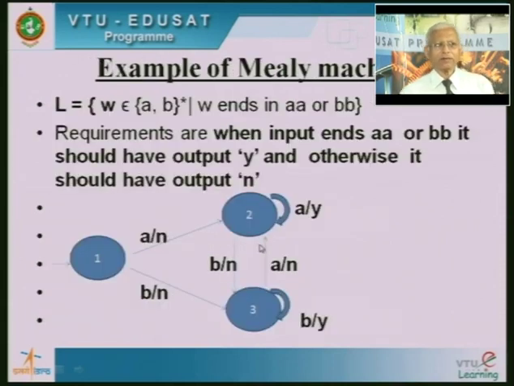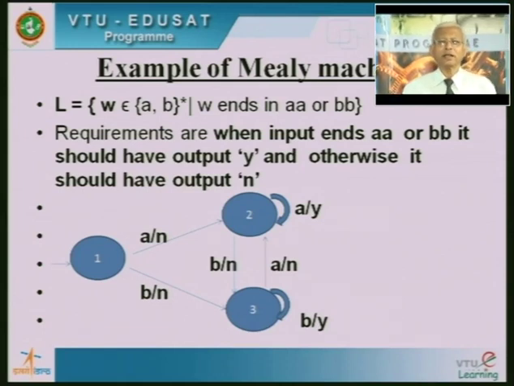Now, the example for the Mealy machine. L is a language derived from {a, b}*. What strings will be in L? All the strings that end in AA or BB. In the beginning, what comes is not important.